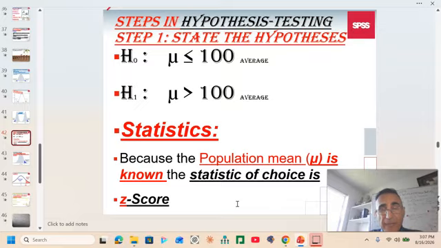If you use a depression test, we don't have a standardized depression test or stress test. Every one of them has a different mean and standard deviation. So for that, you cannot use a z-score. You have to use a t-test. That would be our topic for the next lecture.